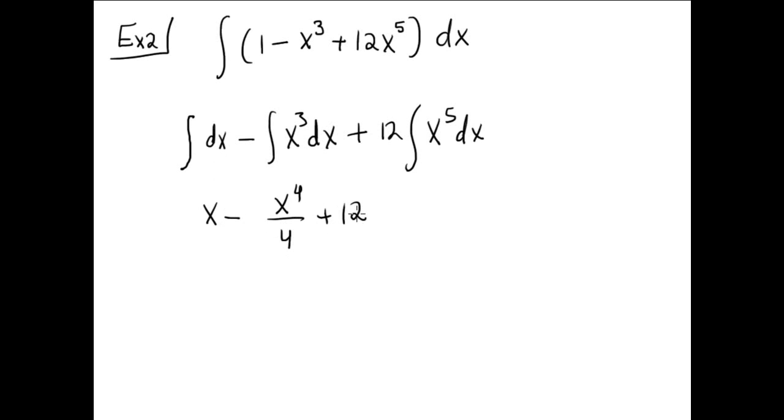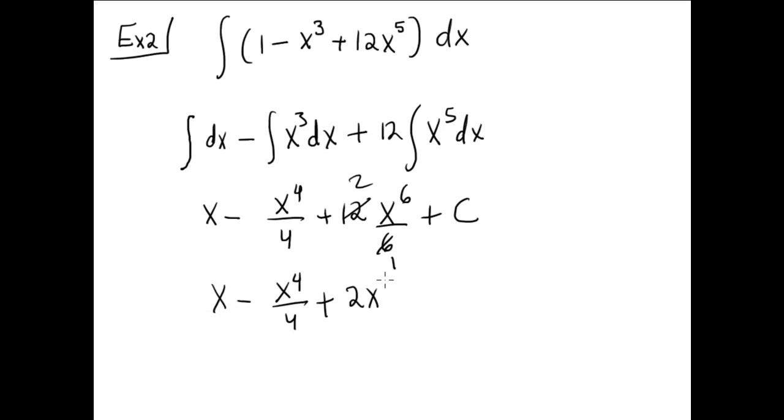This is 12, x to the increasing 6 divided by 6, plus, don't forget never the arbitrary constant c. Okay, finally, use simplification here. 12 divided by 6 is 2, x minus x to the 4th power over 4 plus 2x to the 6th power plus c. This is the answer.